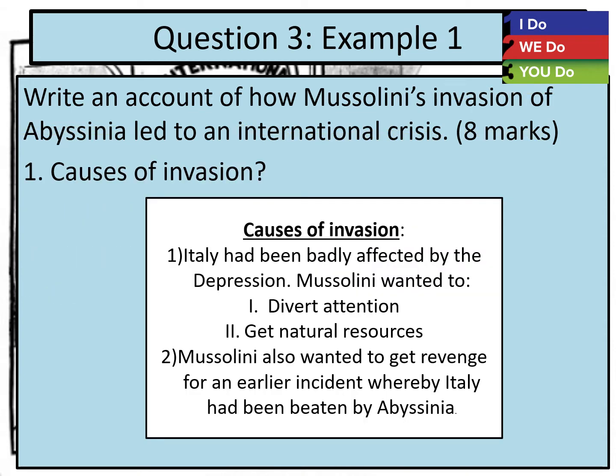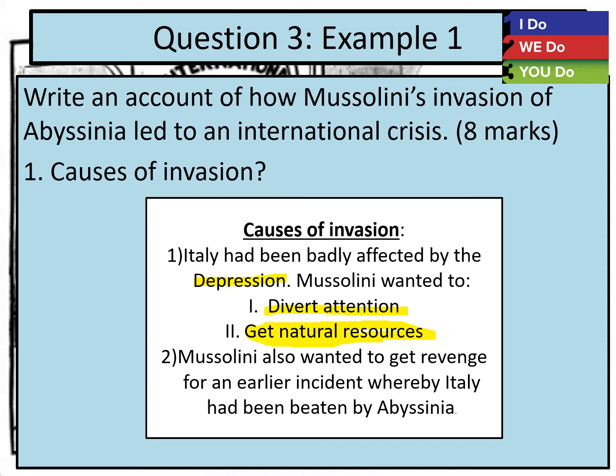So the first part of this would be to tackle, what happened with the invasion? What was the cause of it? So you'd need to be thinking about why did Mussolini invade Abyssinia at this point? You can't avoid at this point the depression and how badly Italy had been affected. And you'd start off by talking about that in your first paragraph. You might talk about him trying to divert public attention away from the problems that he had at home, but also to gain extra natural resources in order to help bolster the failing Italian economy.